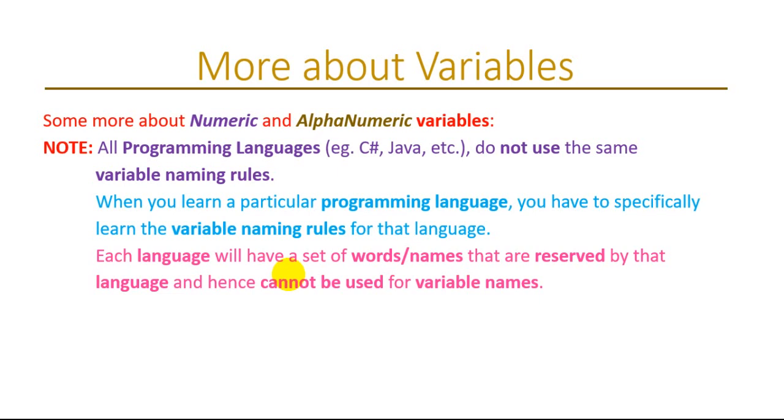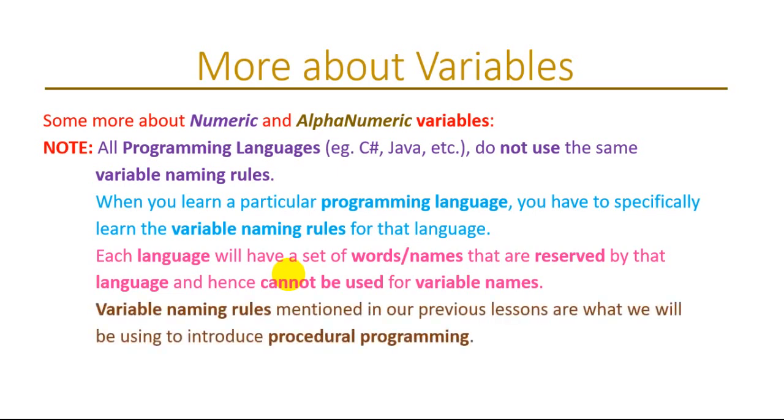The reserved word list is not a common thing. C Sharp will have its own set of reserved words. Java will have its own set of reserved words. Python will have its own set of reserved words. So in that particular language, you'll have to figure it out. In that language, you cannot use those reserved word names as variable names. So just remember that.